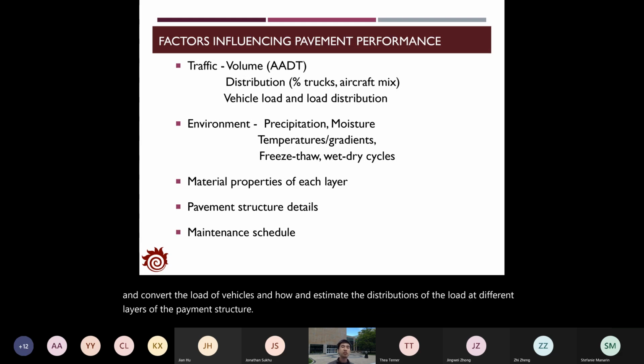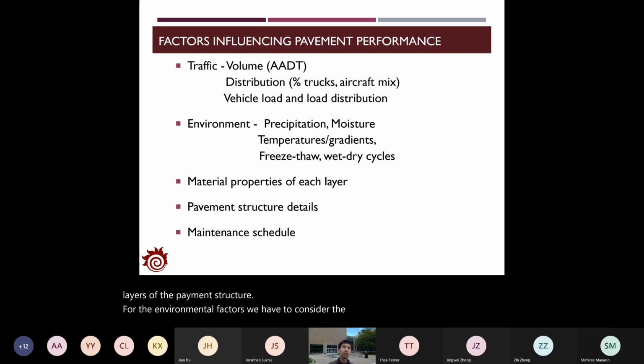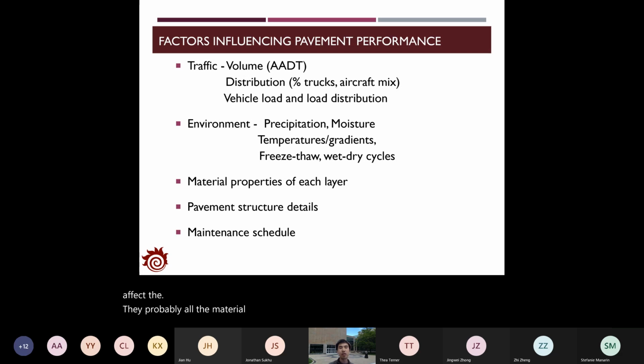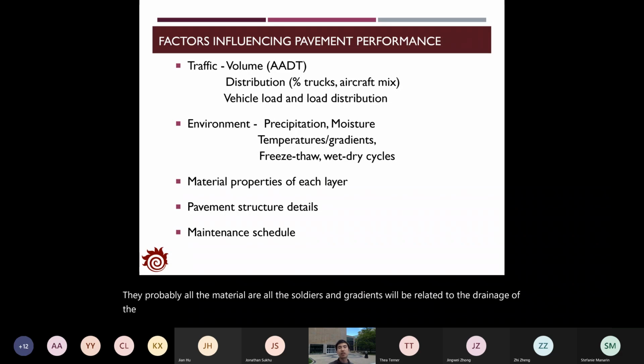For the environmental factors, we have to consider the precipitation that will be related to the moisture, and the temperatures and also the gradients. The temperature will affect the property of the material or the soils, and the gradients will be related to the drainage of the pavement, the freeze-thaw effect, and the wet and dry cycles of the local area.